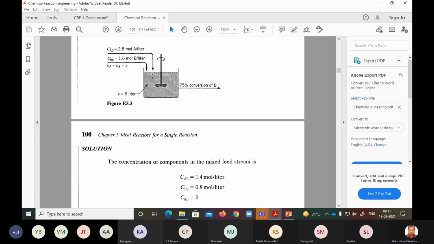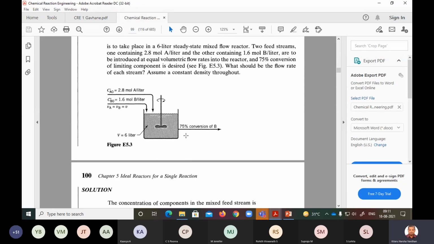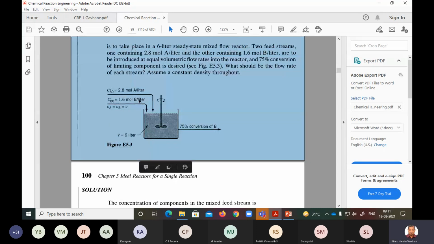So how much is the total volume going per unit time? 2 liters, correct. For 2 liters, you have 2.8 moles of A, but you are writing per liter, therefore divide by 2. Since he is giving equal volumetric flow, it is being introduced as 1 liter, 1 liter.